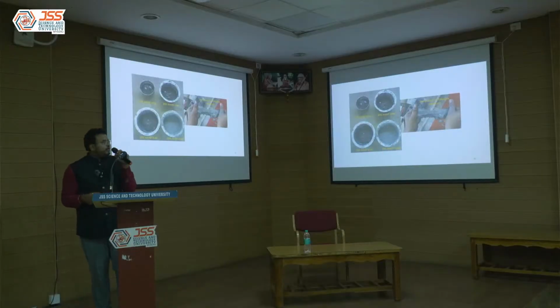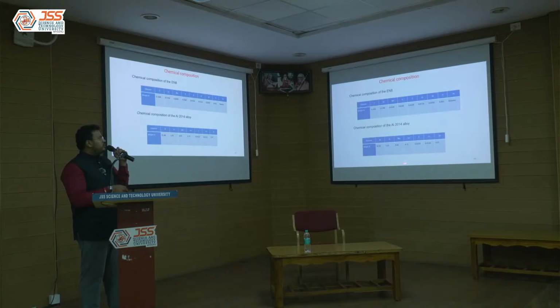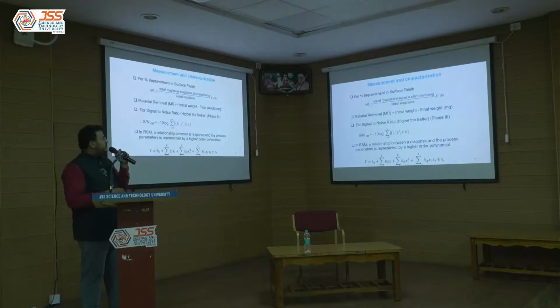Four different types of media are prepared with different mesh sizes, and you can see the flexible behavior of the media. This is laboratory-developed media. For the workpieces, we have chosen die steels and aluminum 2000 series alloy. For measurement and characterization, formulas were used for the percentage improvement of surface finish and material removal, and we applied Taguchi analysis and also response surface methodology.